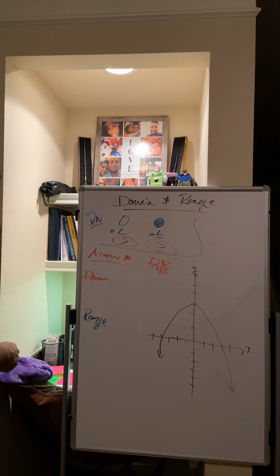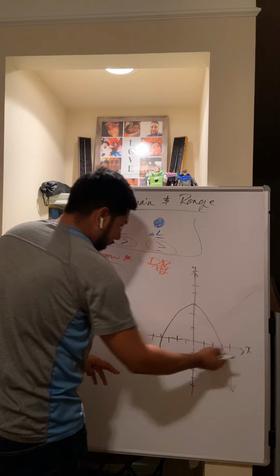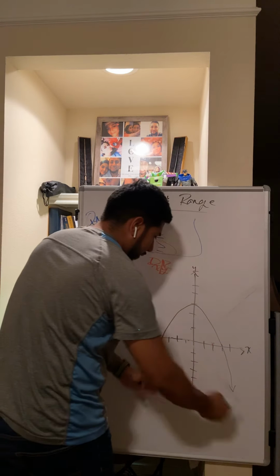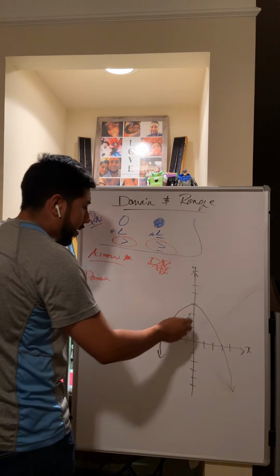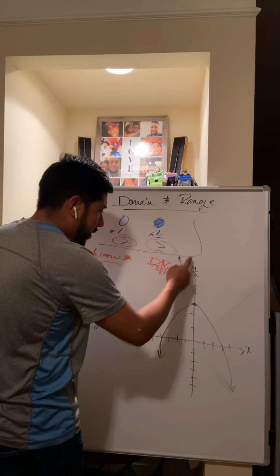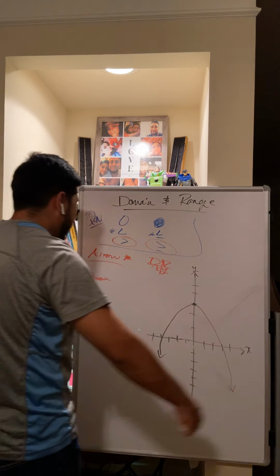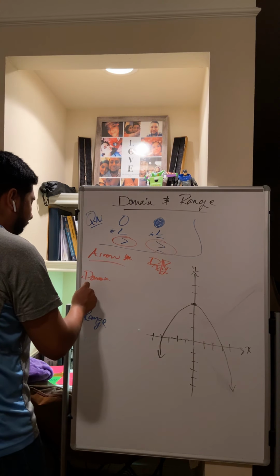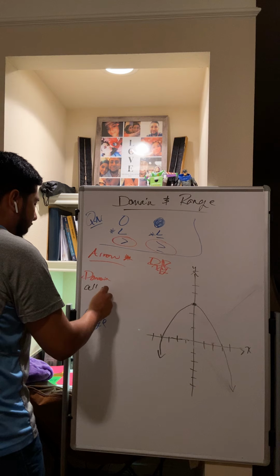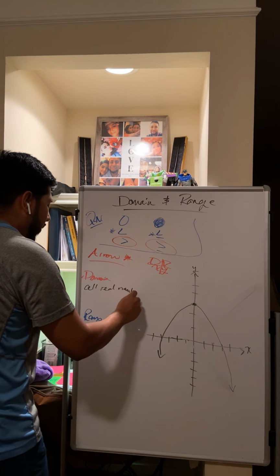Okay, the domain. There's no stopping the domain in the x values because we have arrows going on forever and ever. You might say, we could put a point right here, but that's not regarding the x, that's talking about the y. So because I have two arrows going on forever and ever for my domain, this is all real numbers. That means it's touching every single x value for this graph.